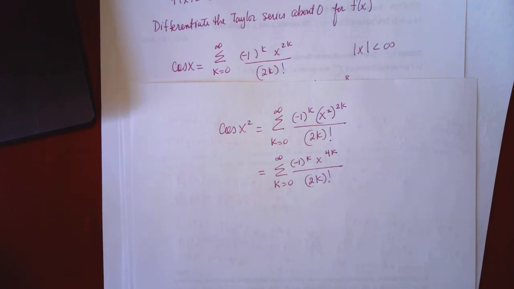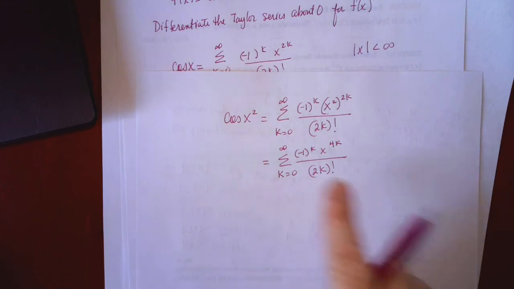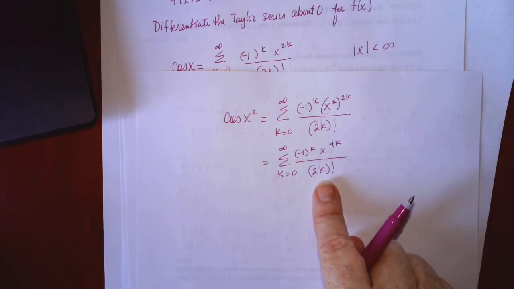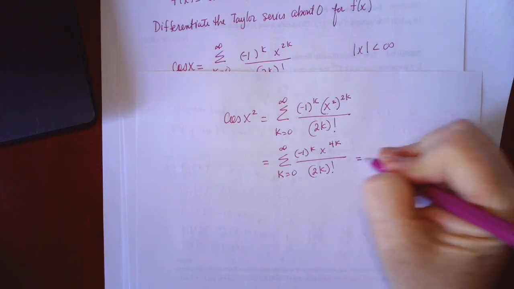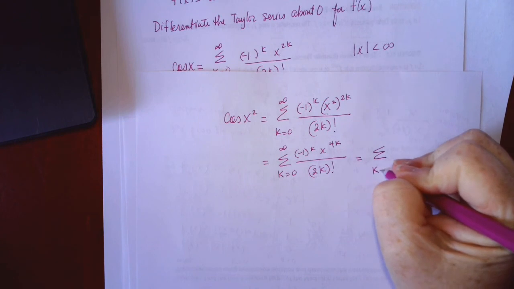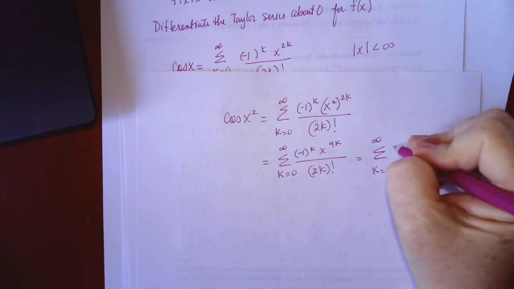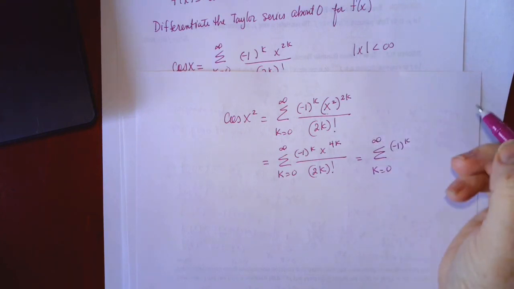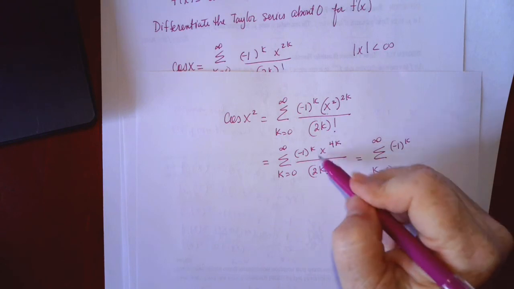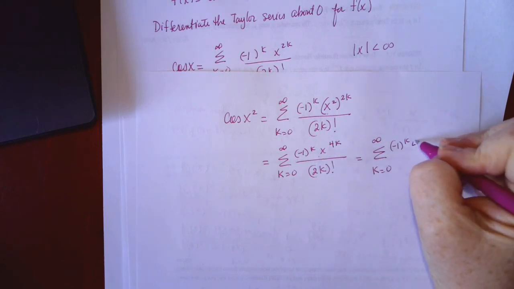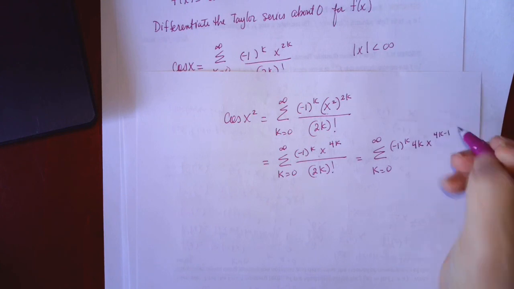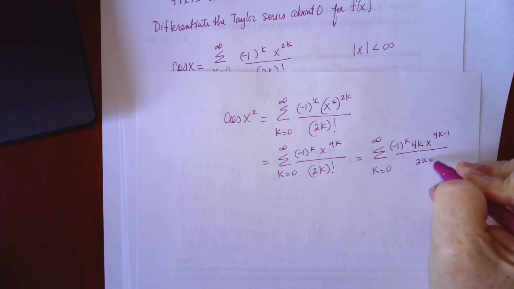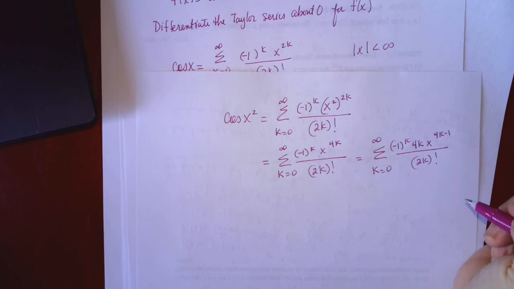If you're taking the derivative term by term, the derivative of x to the 4k would be 4k x to the 4k minus 1 over 2k factorial.